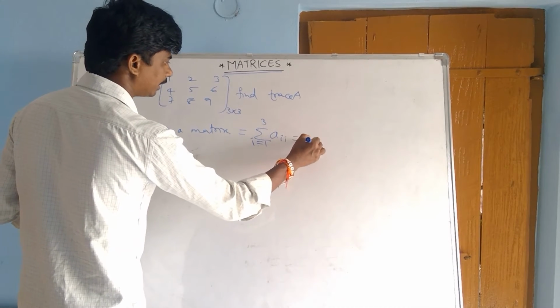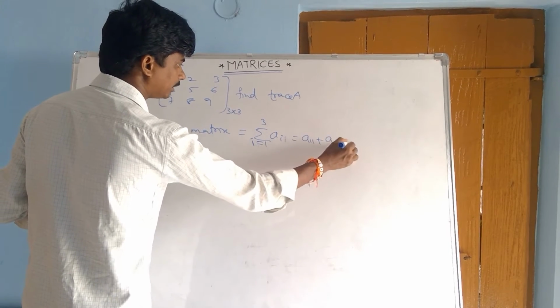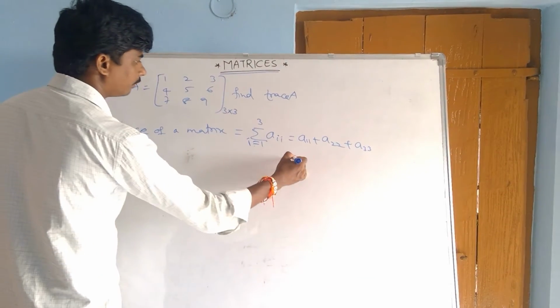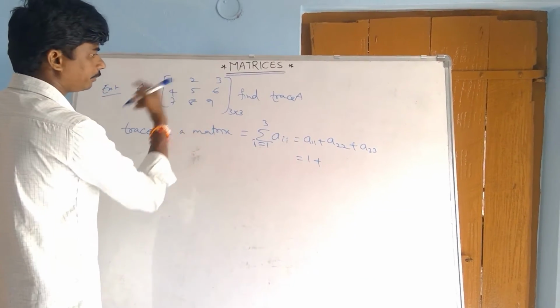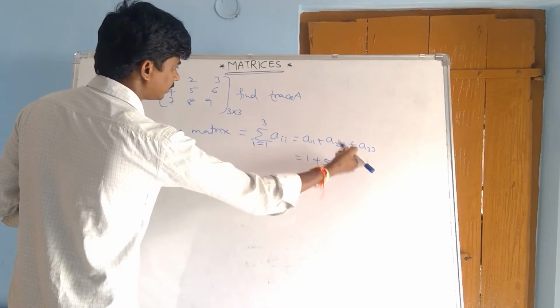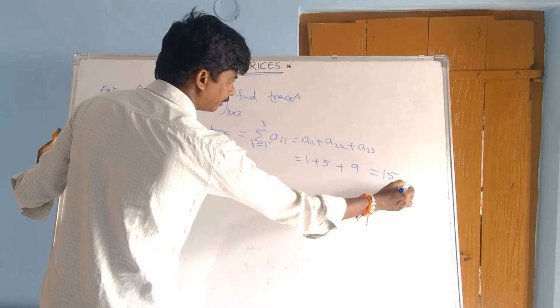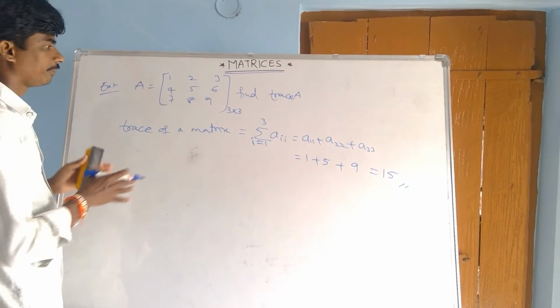A11 plus A22 plus A33, that equals 1 plus 5 plus 9, which equals 15. This is the trace of a matrix example.